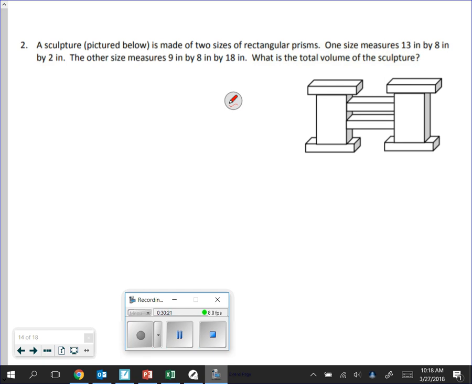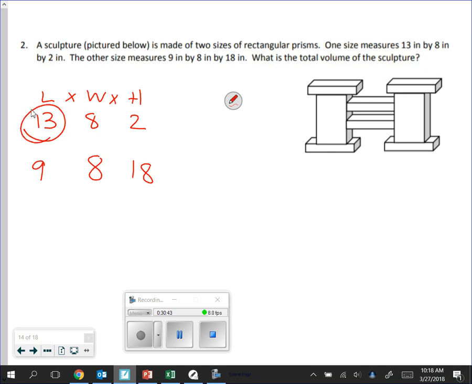We have length times width times height: 13 by 8 by 2, and then 9 by 8 by 18. Which one do you think is 13 inches long, and which is 9 inches long?